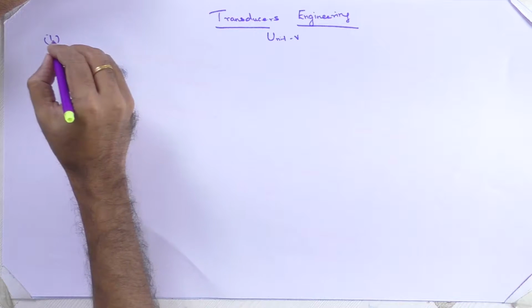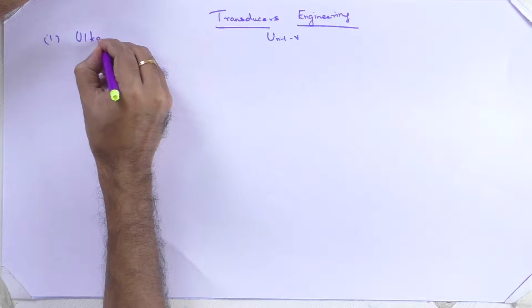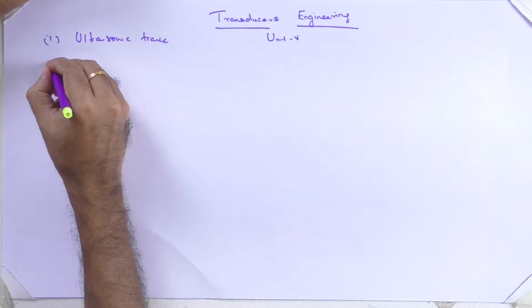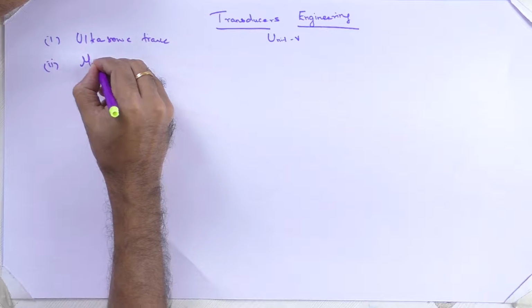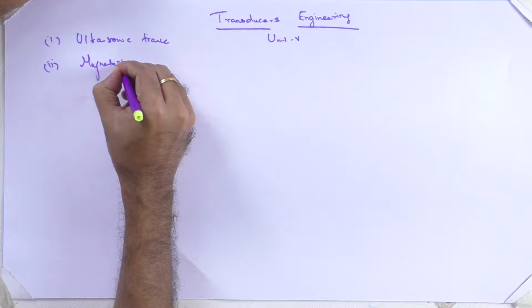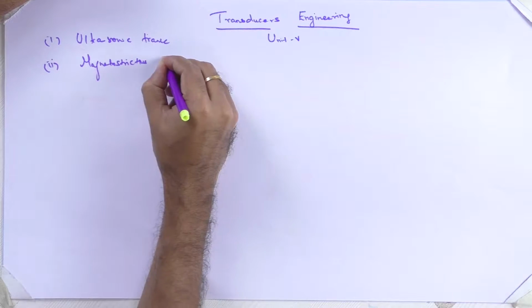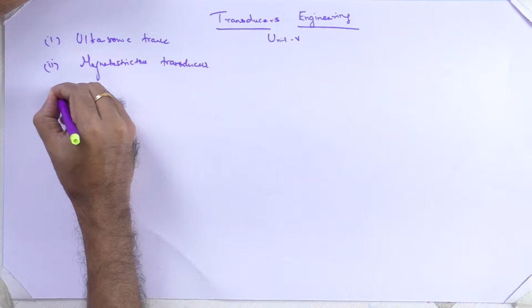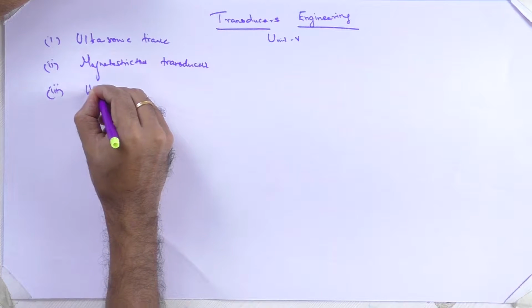I will give a short description and a brief note on the sensors. What are the sensors that we are going to cover in unit number 5? I will give a glimpse of that and then we will go into the details. The first one is the ultrasonic transducer. The second one is the magnetostrictive transducer. The third one is the Hall effect transducer.